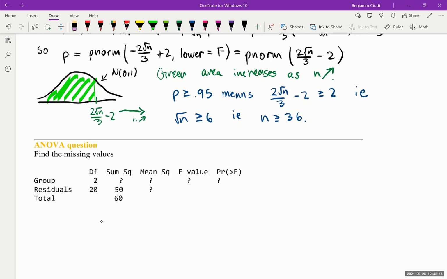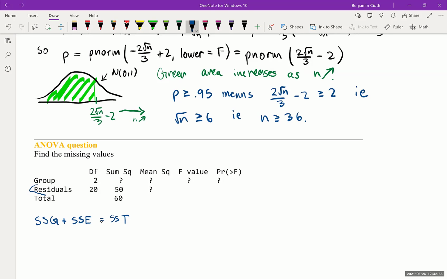Does anyone spot an entry that we can answer with the information given? The sum of the squares. Oh, okay, this one right here. So the textbook video made a point that the sum of the squares of the groups plus the sum of the squares of the errors, or the residuals, I'll call it errors, is equal to the sum of squares of the total.